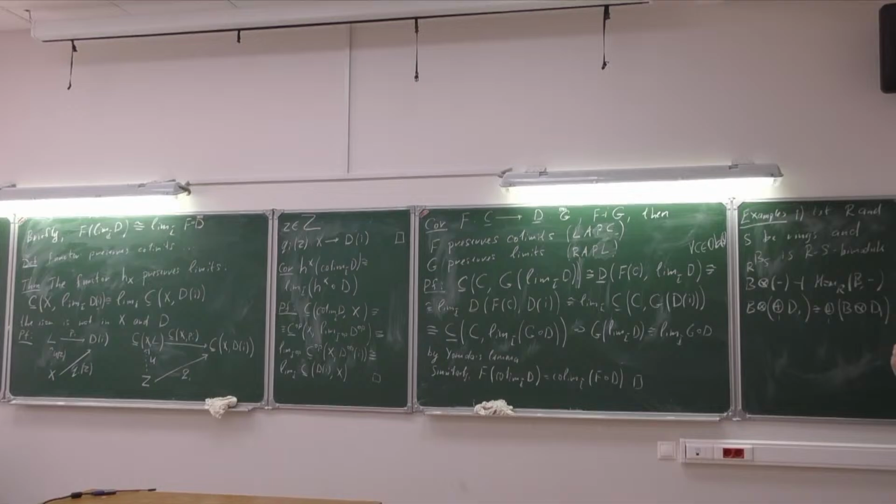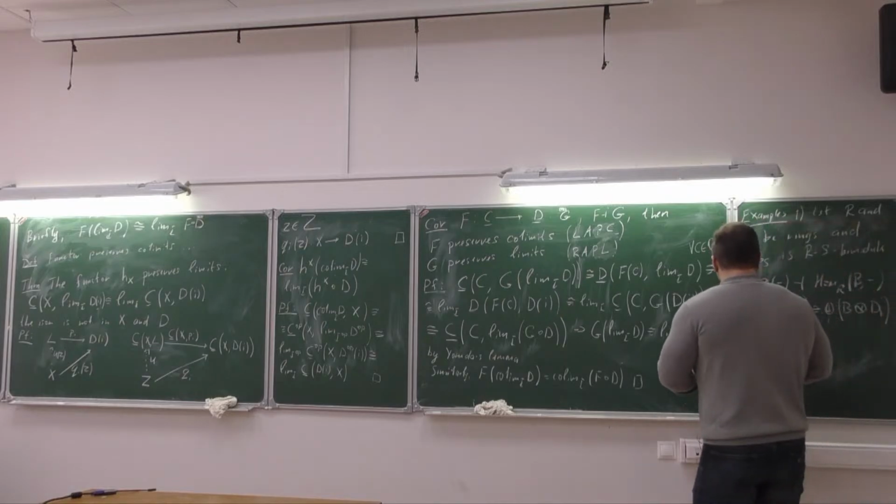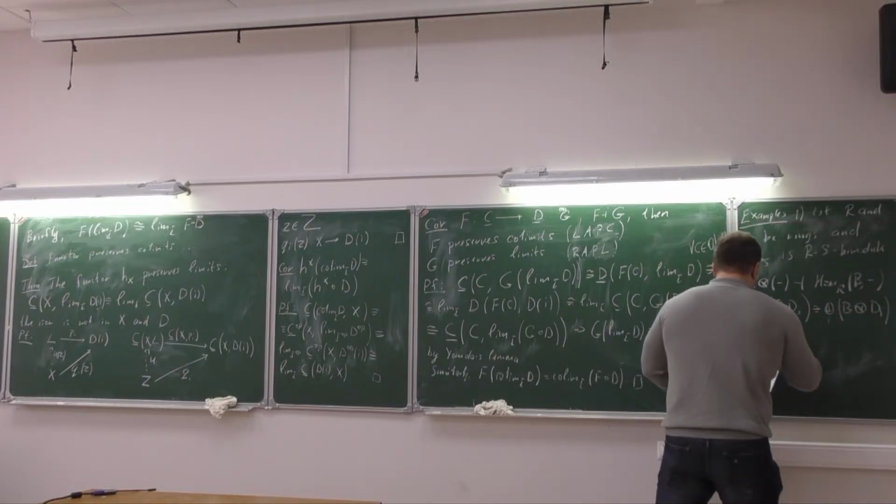So essentially, you can study separately the preservation of equalizers and the preservation of products. If the functor preserves both, then it preserves all the limits. Here I have colimits, so the preservation of coproducts, which are direct sums in the category of modules. Now the second condition to check to get something non-trivial is to study the preservation of the cokernels.